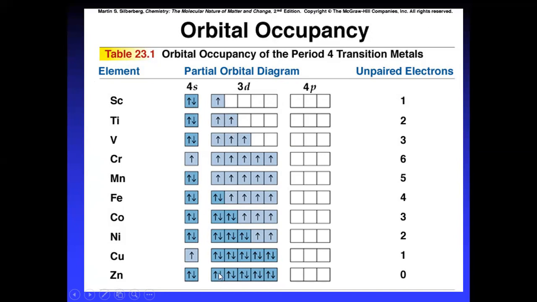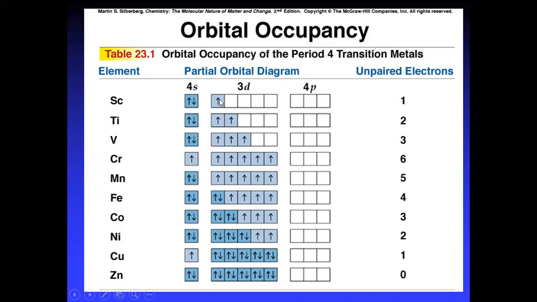From scandium to titanium, vanadium, chromium, manganese, iron, cobalt, nickel, copper, and zinc, almost all the elements have 4s2 electrons. But in chromium and copper, you have single 4s electrons.